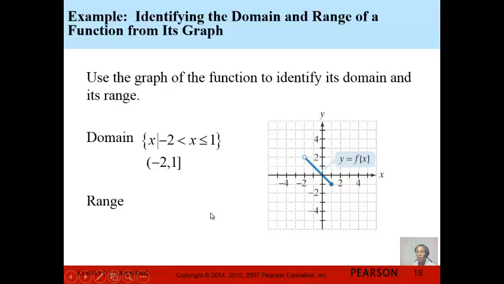So the range consists of all y's that are either equal to negative 1 or bigger than negative 1, but smaller than 2. And in interval notation, there's a bracket beside the negative 1, a parenthesis beside 2 because 2 is not in the range.